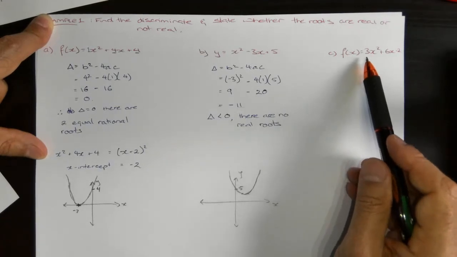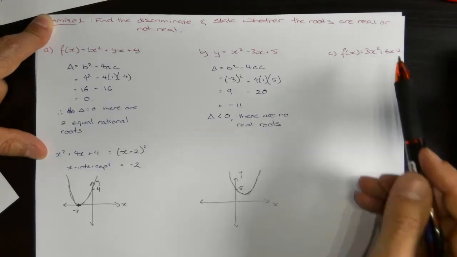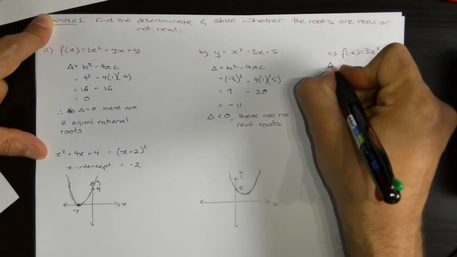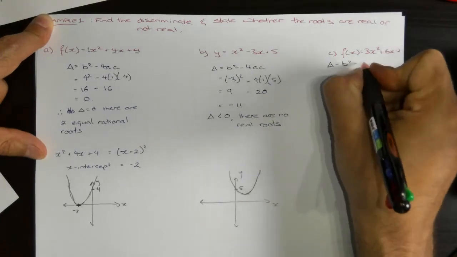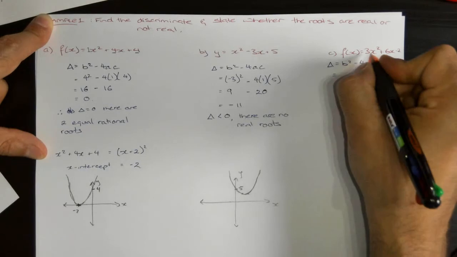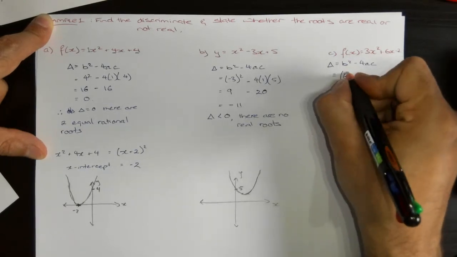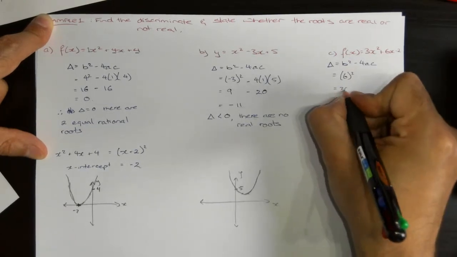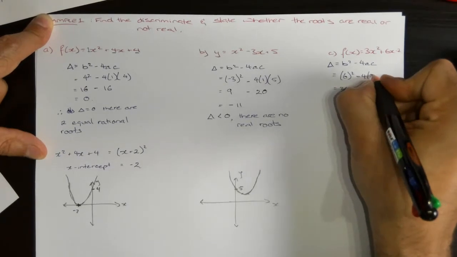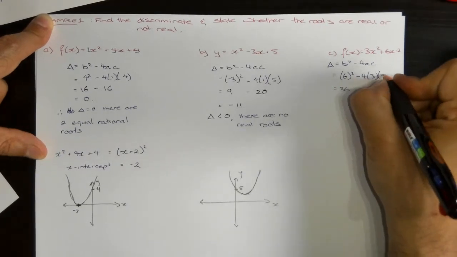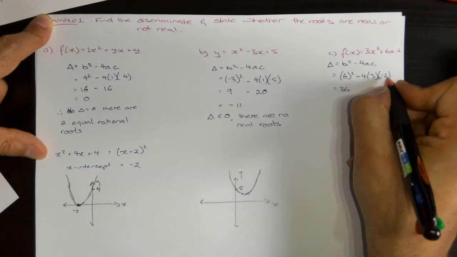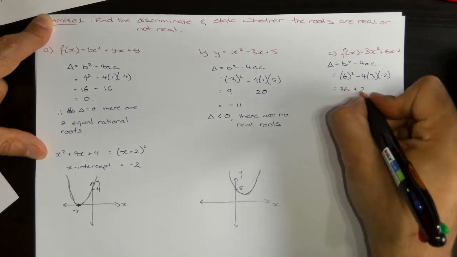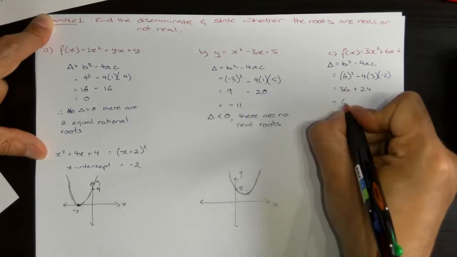Okay. Question C, part C. f of x equals 3x squared plus 6x minus 2. Once again, using the discriminant formula. B becomes 6 squared, and that's going to be 36, minus 4 lots of 3 times minus 2, that's minus 12 times minus 2, plus 24, which will be 60.